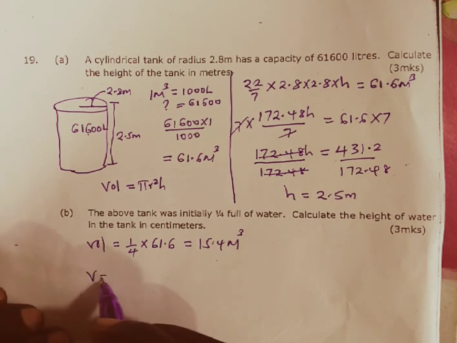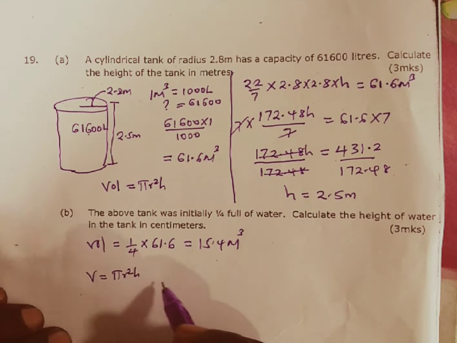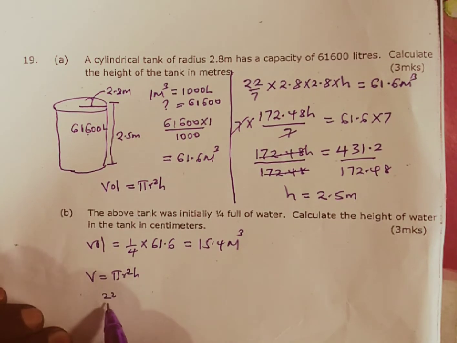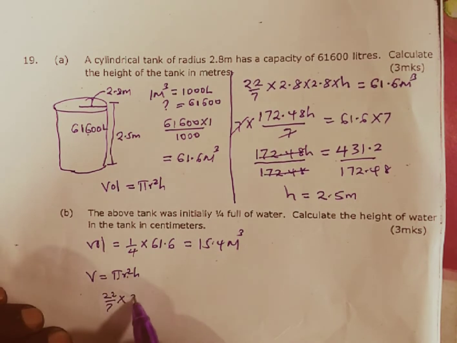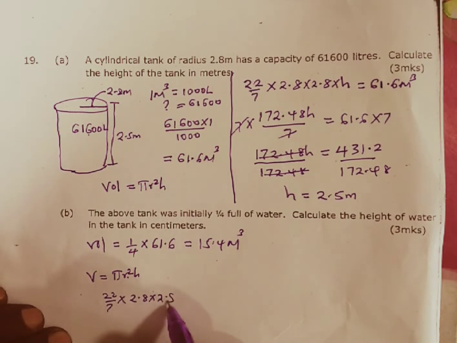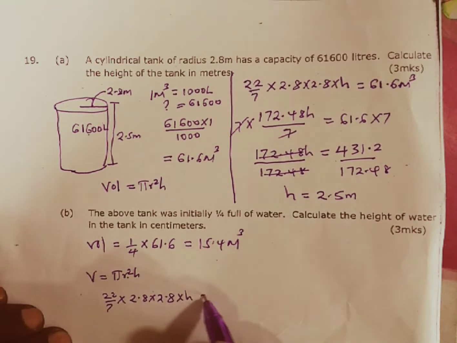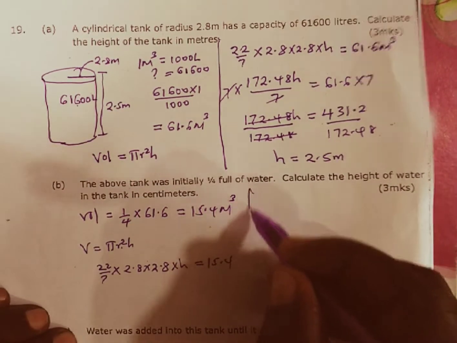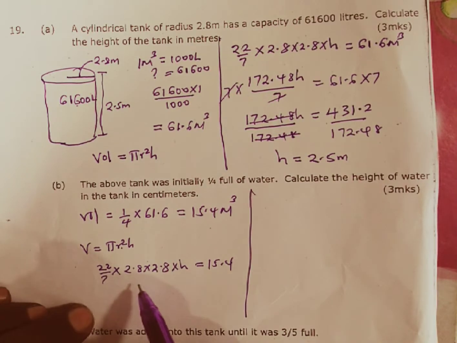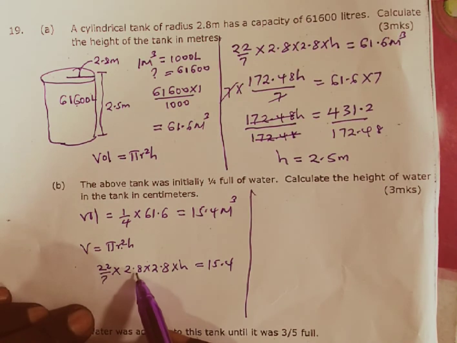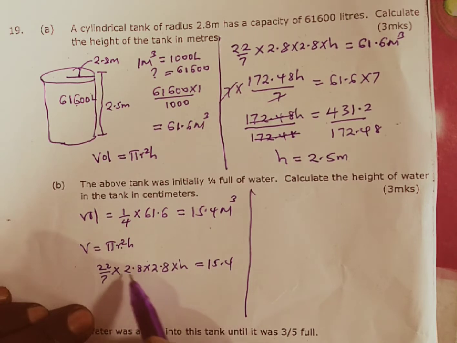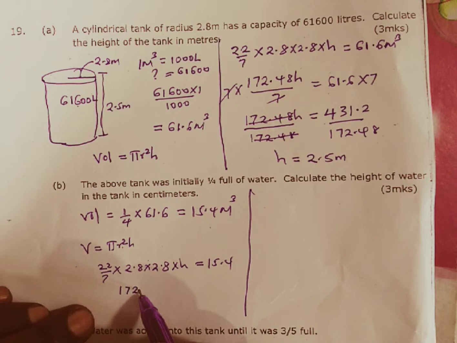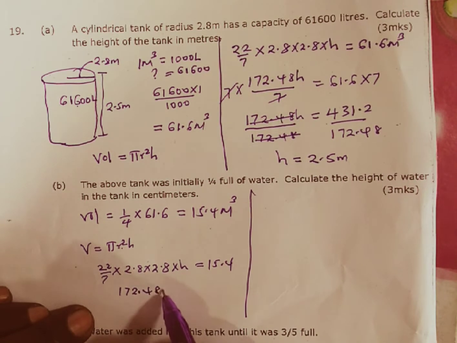We know volume is given by pi r squared h, and in this case we know our pi is 22/7 times the radius squared, which is 2.8 times 2.8 times the height, and this will be equal to 15.4. 22 times 2.8 times 2.8 will give us 172.48 h.